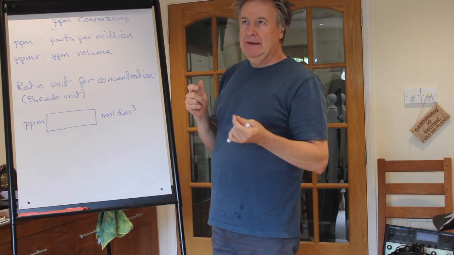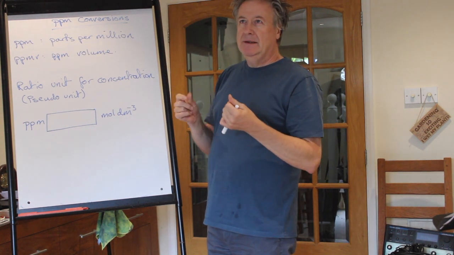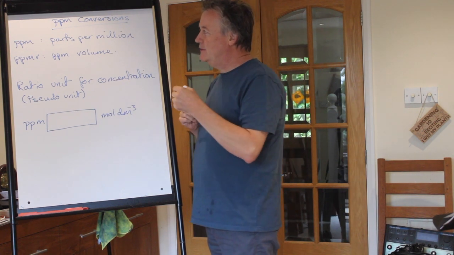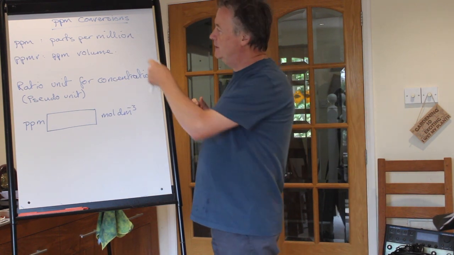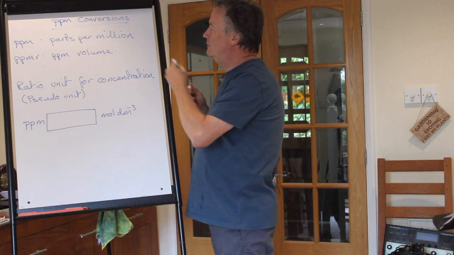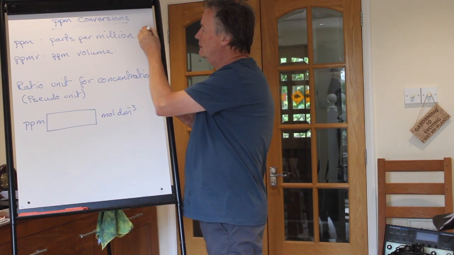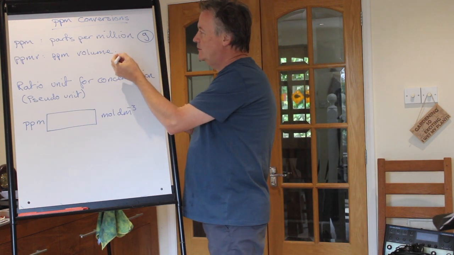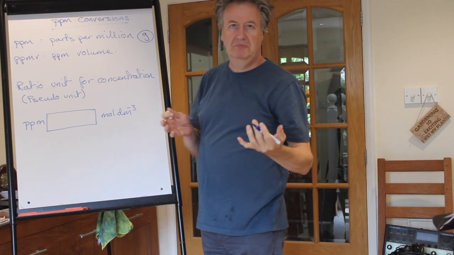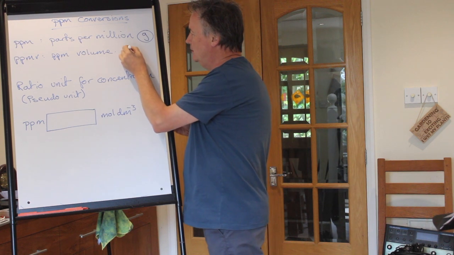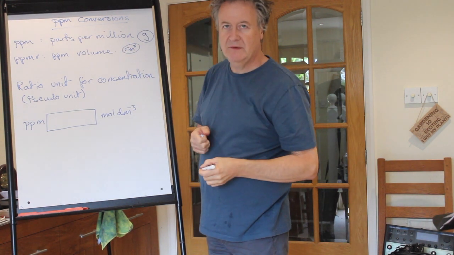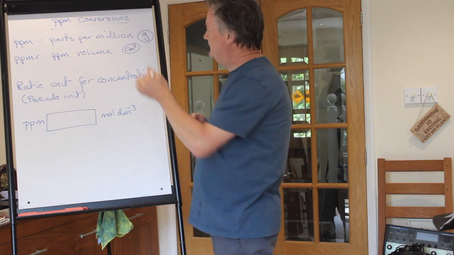PPMV. It's kind of a subtle difference between parts per million and parts per million volume, which is what the V stands for. Parts per million is all about grams. So parts per million volume could be about any volume unit, but for a chemist, cubic centimetres is usually the way forward.